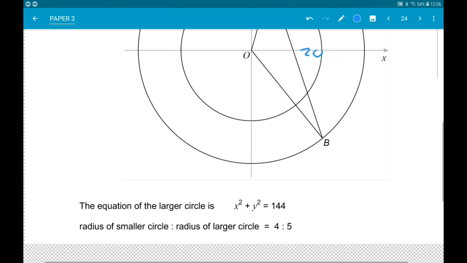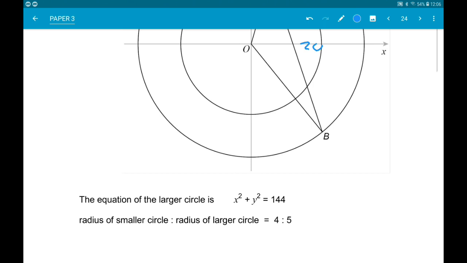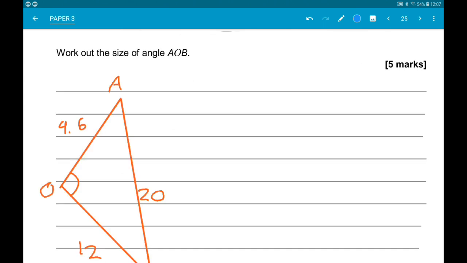Now we're told the equation of the larger circle is x squared plus y squared equals 144. The ratio of the radius of the smaller circle to the radius of the larger circle is 4 to 5. Now our mission is to work out the size of angle AOB.